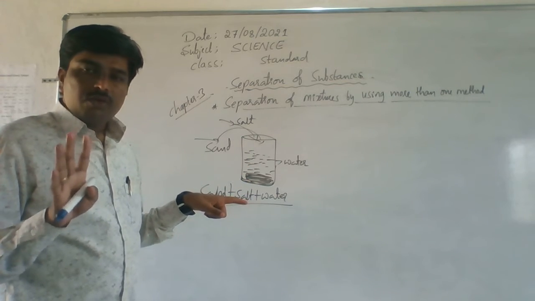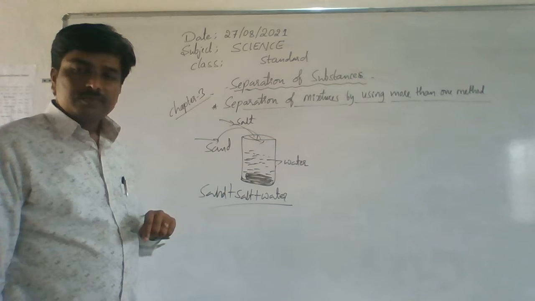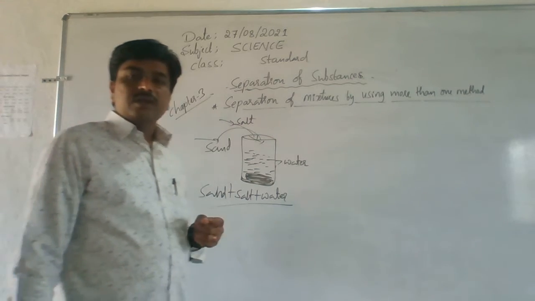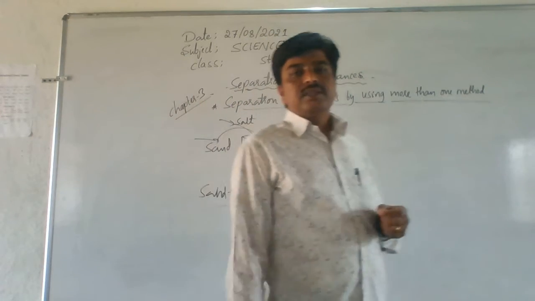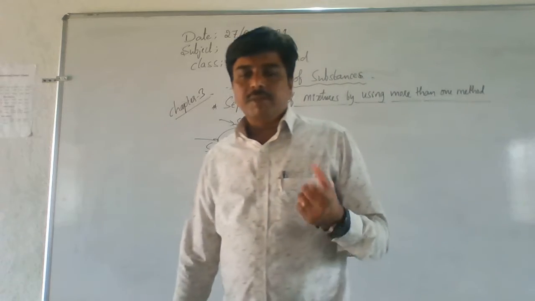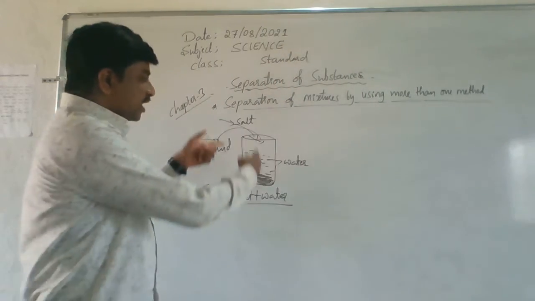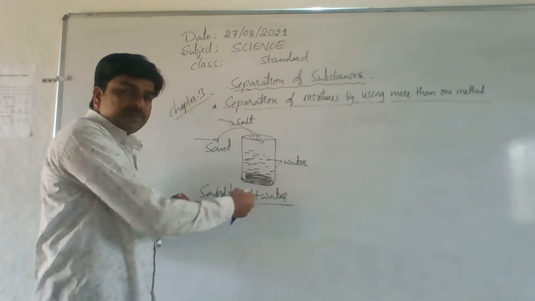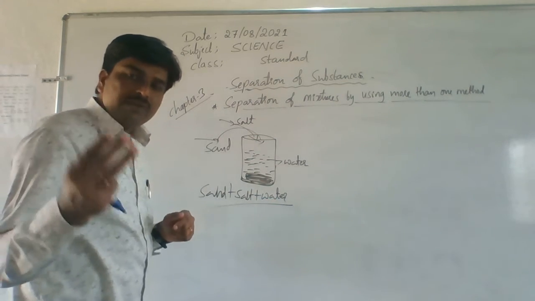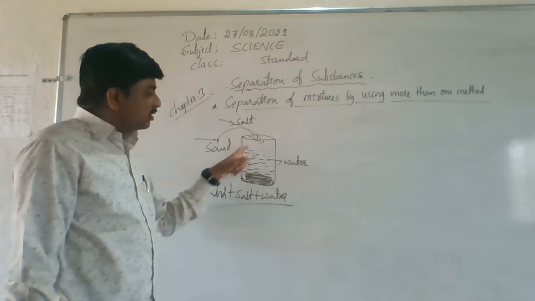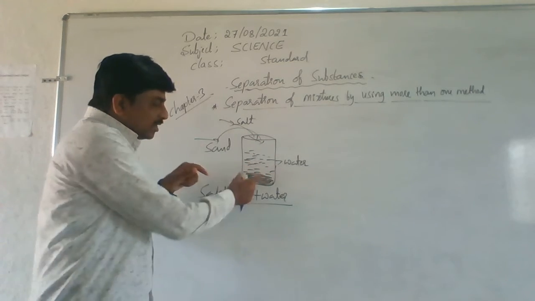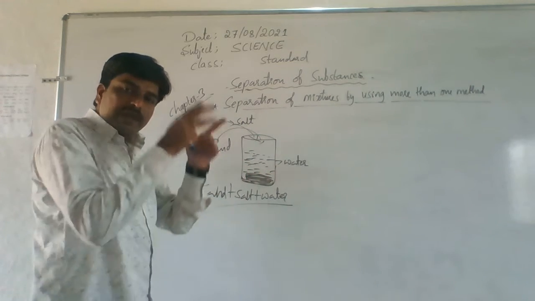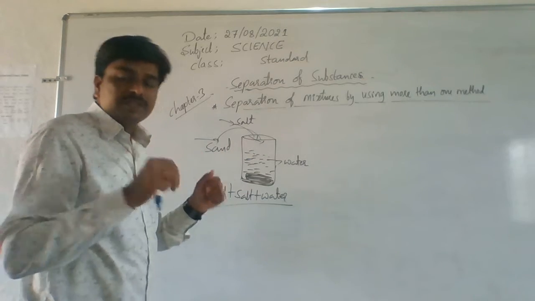Now we want to separate the sand first. Which method do you use? Very easy, the sedimentation method. Sedimentation method means just keep this beaker undisturbed for some time. All the sand particles, because they are heavier, come down and settle at the bottom. That process we call the sedimentation method.